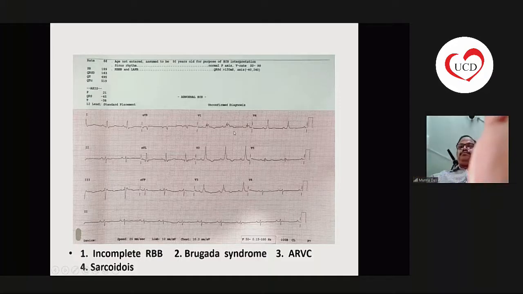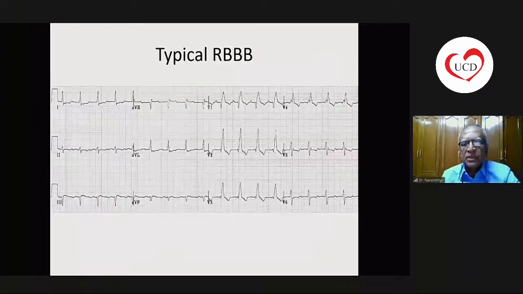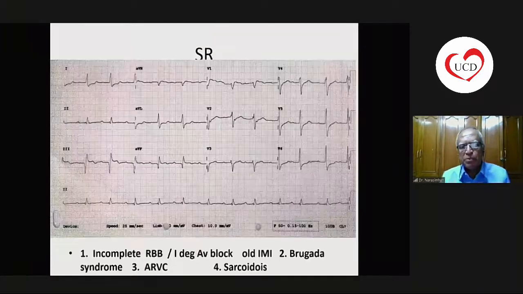So right bundle branch block is a common thing that we as physicians see, but when you see an R prime that is smaller compared to the R, you should suspect that there is a myopathic process in this individual. As I said, the R prime is the usual dominant vector in a person with a typical right bundle branch block.